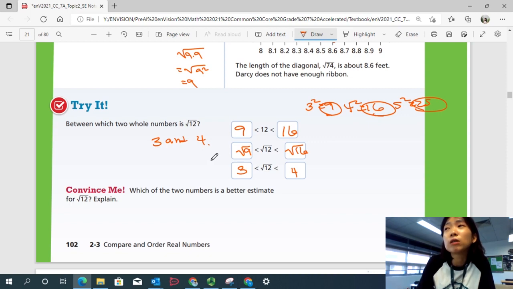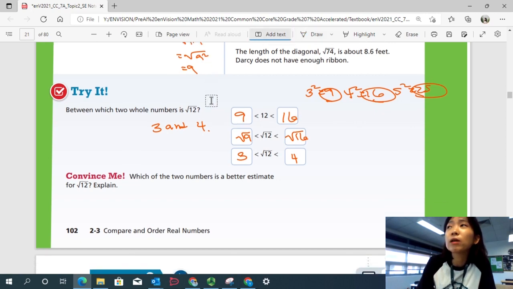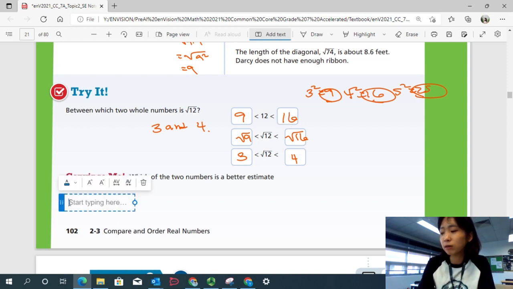How do you know? You look at 12. Is 12 closer to 16 or 9 is what you would compare with. So 12 is 3 units away from 9 and 4 units away from 16. So it's definitely a little bit closer to 9. So square root 12 is going to be closer to 3.